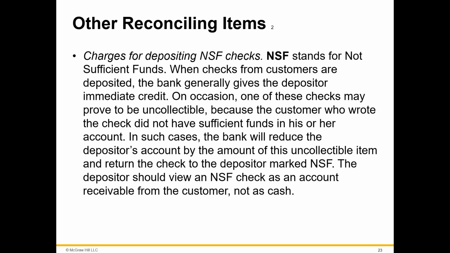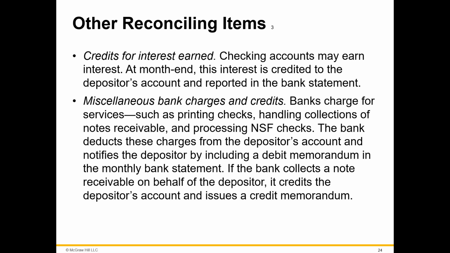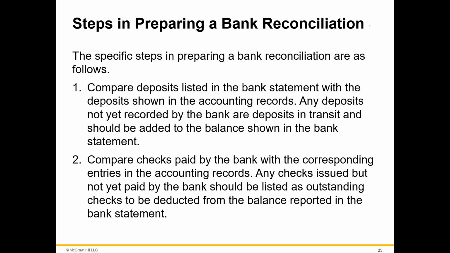And so we call that NSF, or non-sufficient funds. Credits for interest earned: they have either a checking account, savings account or other investment accounts that pay interest, so we have some credit. And then some other miscellaneous charges, actions the bank might take that require an adjustment to the balance.